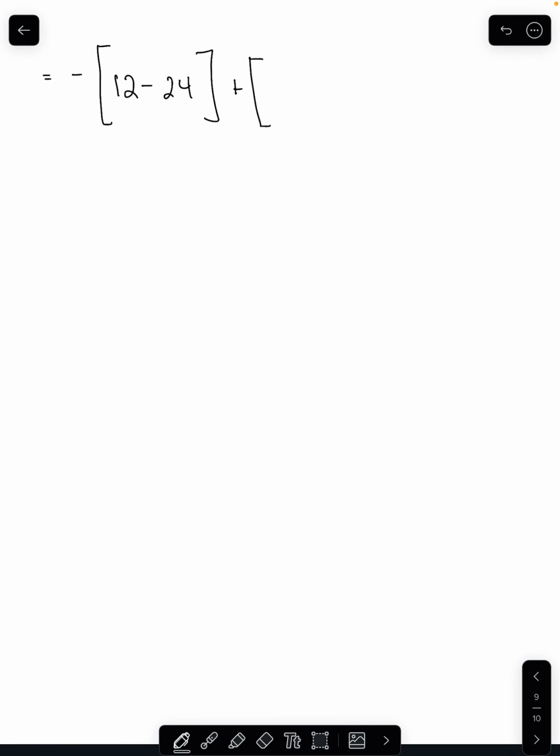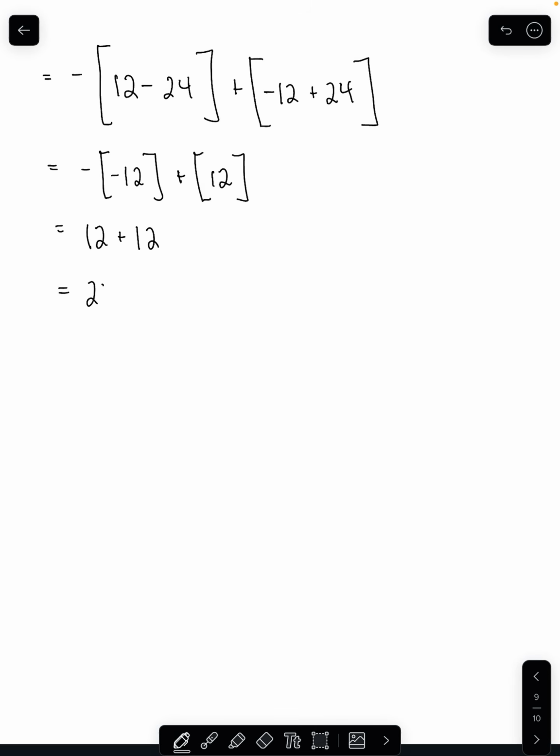Then we have plus negative 3 times 16/4, plus 6 times 4. And each of these is easy enough to simplify then. And we get a final area of 24.